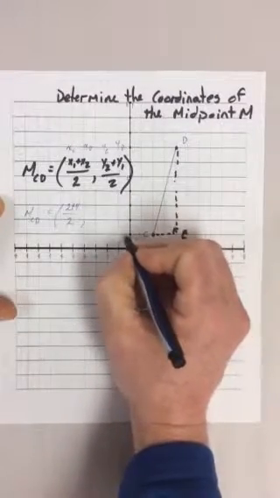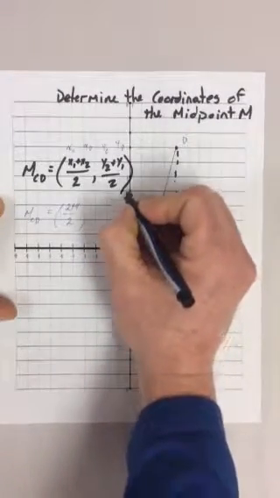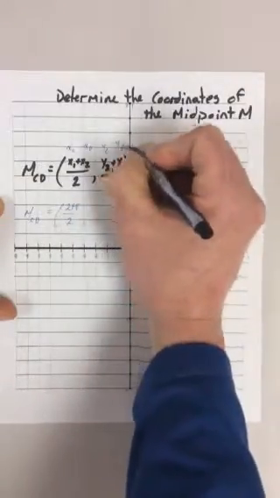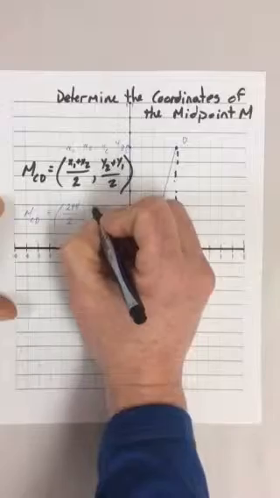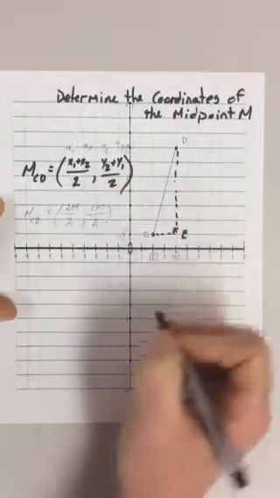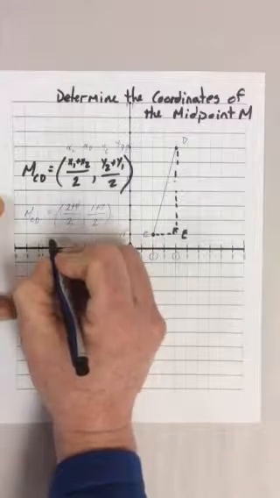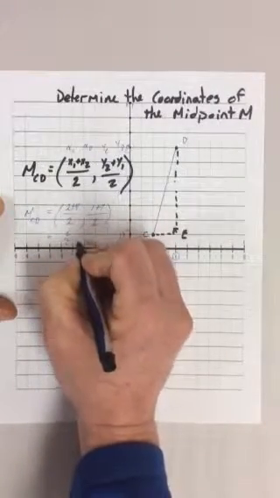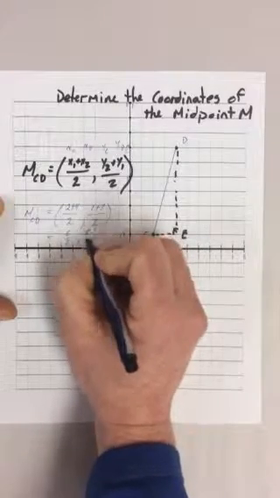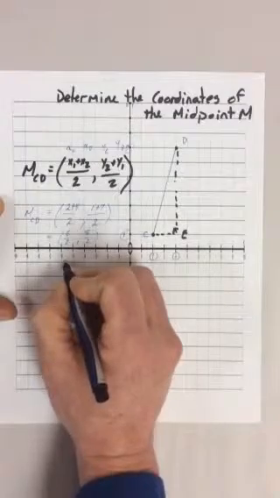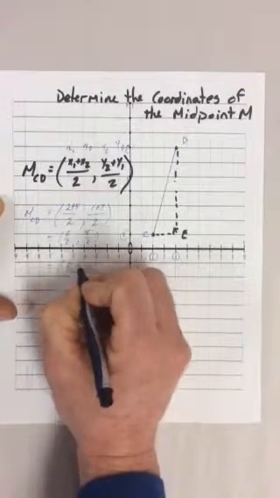And now we have the y values, 1, 2, 3, 4, 5, 6, and 7. 1 plus 7 over 2 equals 6 over 2, comma, 8 over 2. Simplifies to the coordinate point of 3, 4.